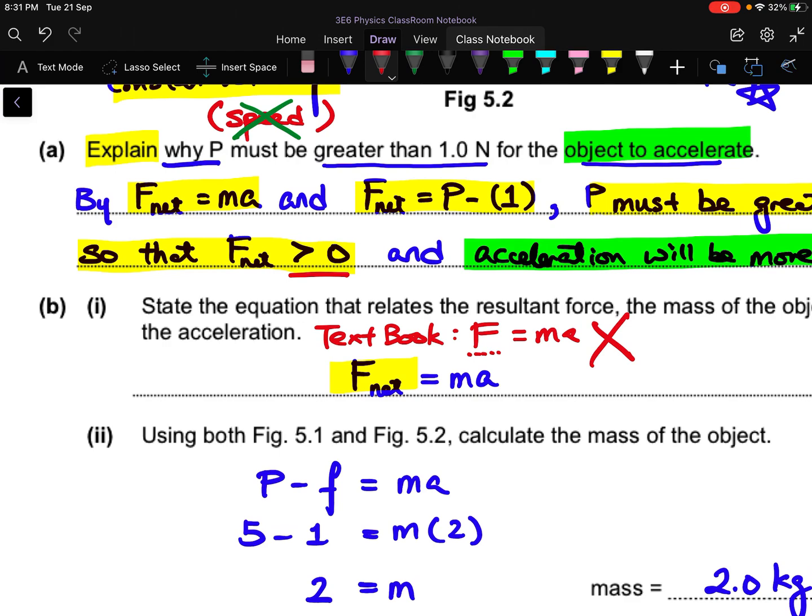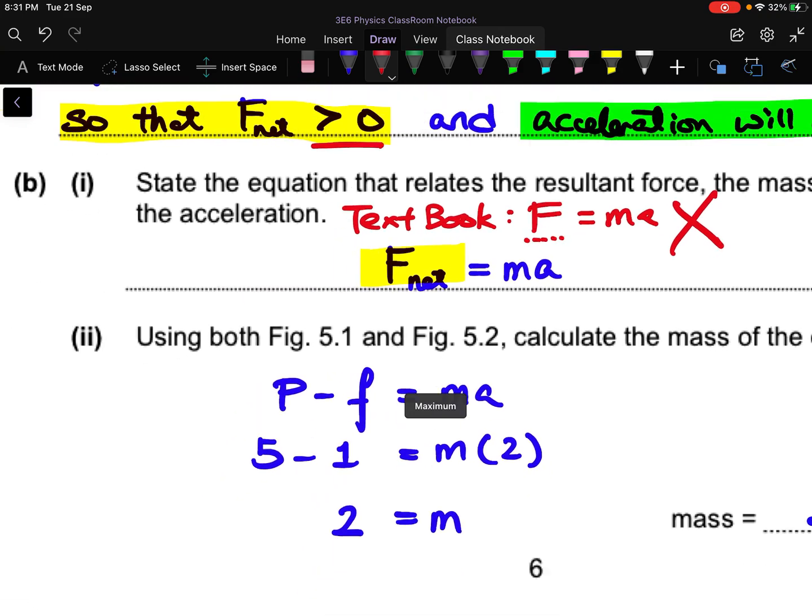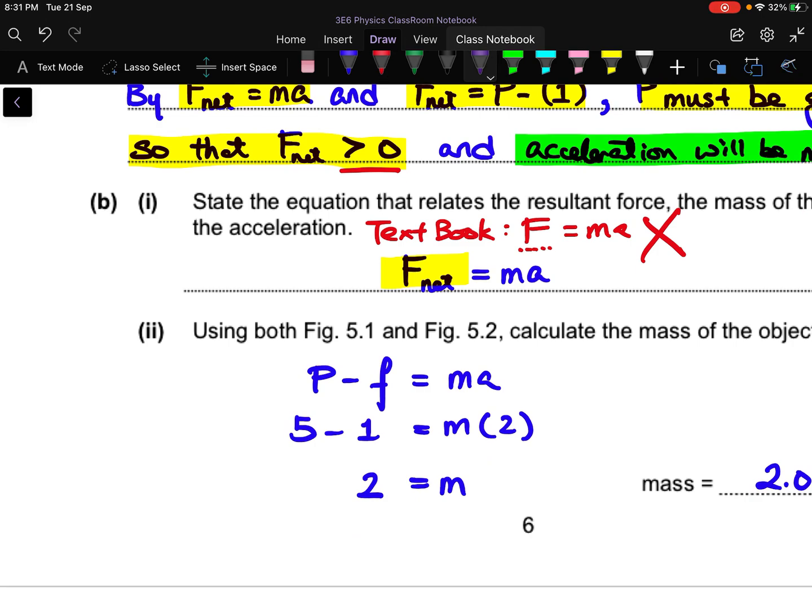A pushing force can be called F, but Newton's second law says resultant force, the net force. So you can call this the net force, you can call it the resultant force also. Same thing but different name.